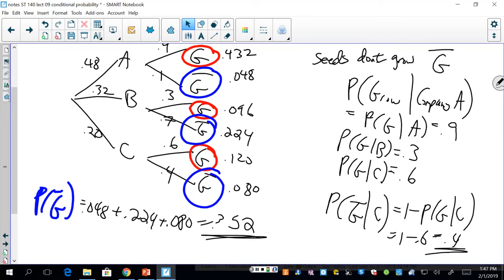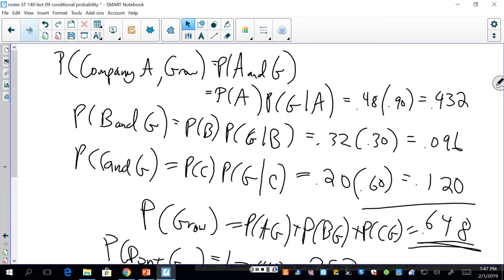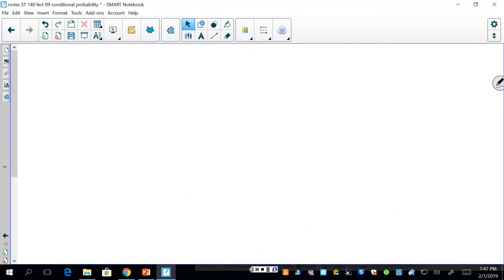So now you're looking at a plot of land and the flowers grew. What's the chance that company A did it? So now we have a new scenario. We're looking at a plot of land.